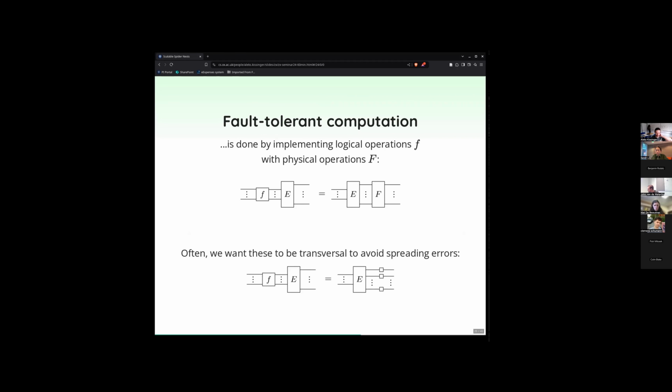In general, this stops these operations from spreading an error. So if we have an error on a single physical qubit, it's not going to spread onto multiple physical qubits. Finding transversal implementations of logical gates is an interesting and important thing to do for FTQC.